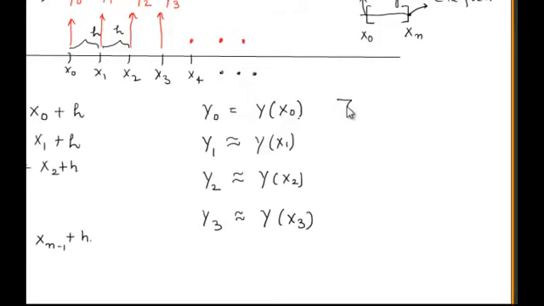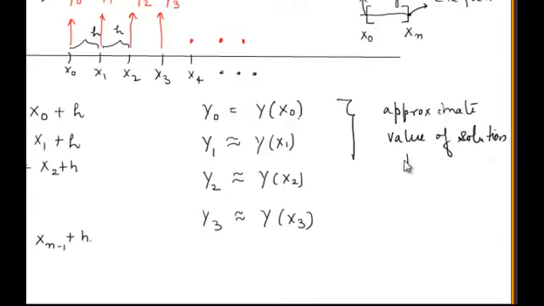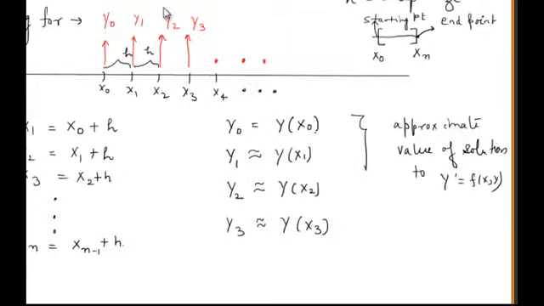So these are the approximate values of the solution. Suppose y0 is here, y1 is here, and another point here.